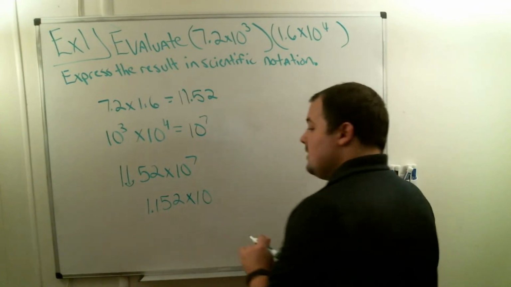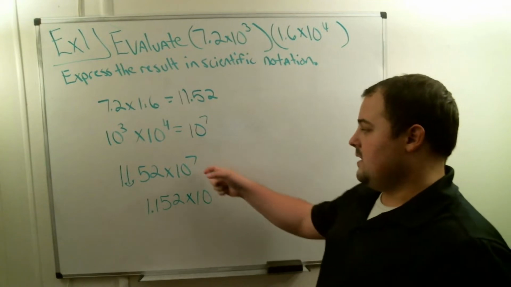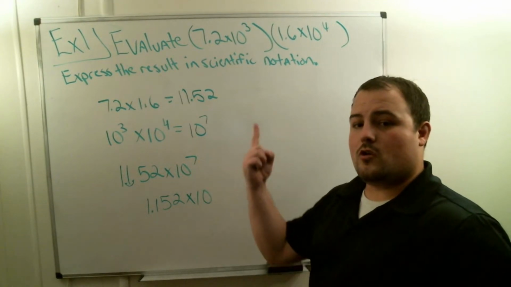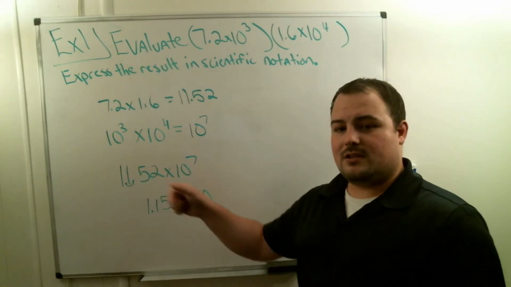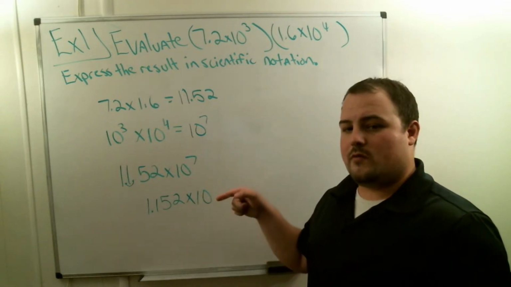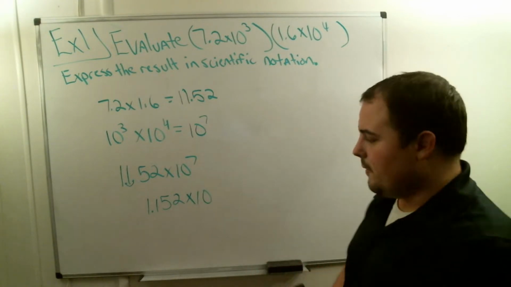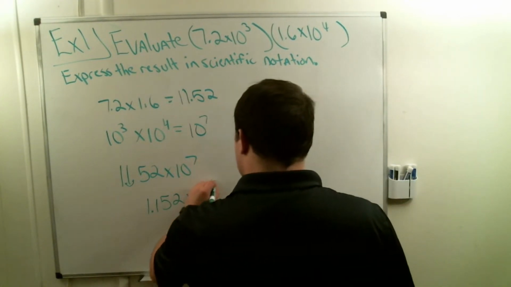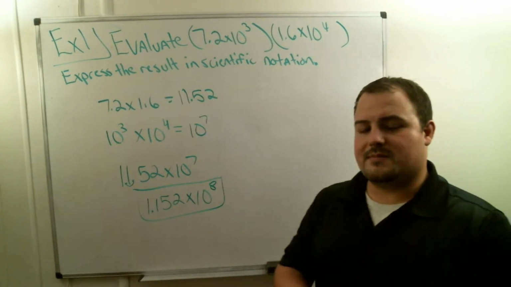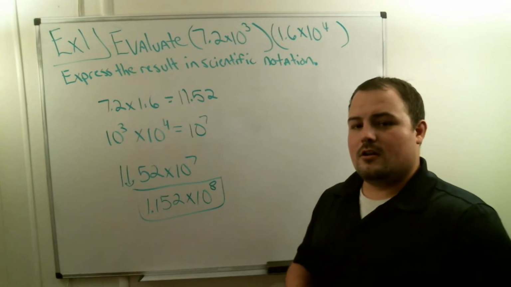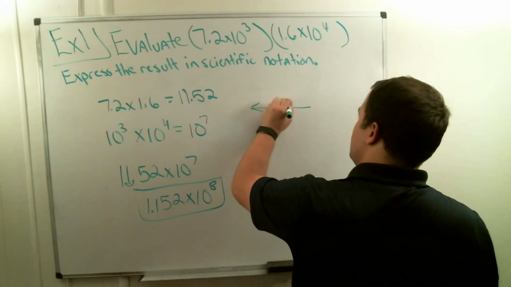Now, since we moved the decimal to the left, the exponent is going to go up however many times we move the decimal. When we move the decimal left, the exponent goes up. We moved it one time to the left, so all we've got to do is take that 7 and add one more. So this answer is 1.152 times 10 to the 8th power. So again, if you move the decimal left, the exponent goes up.